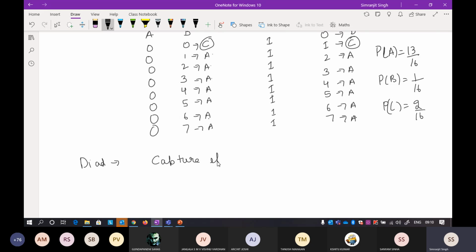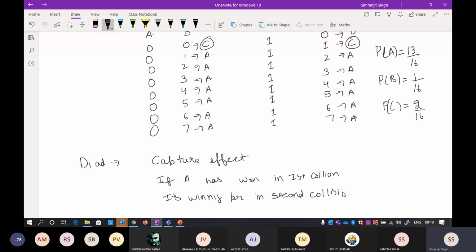So what actually is the capture effect? If A has won in the first collision, its winning probability in the second collision will get increased.